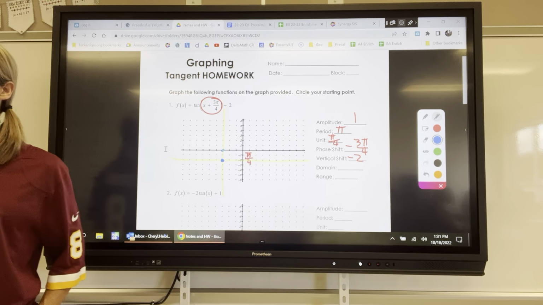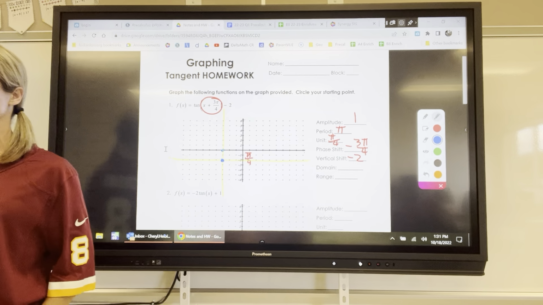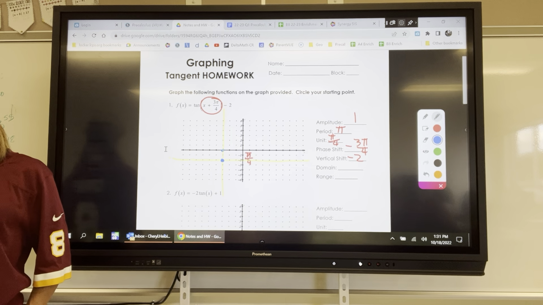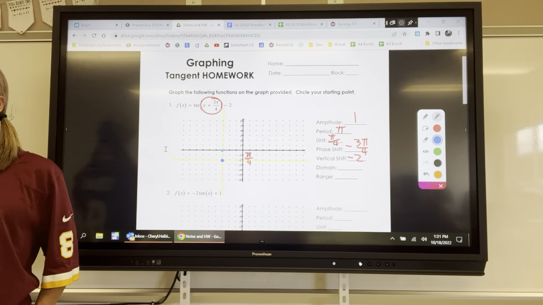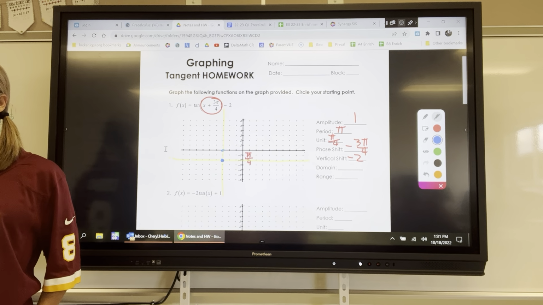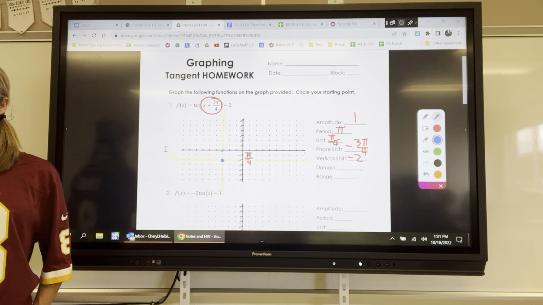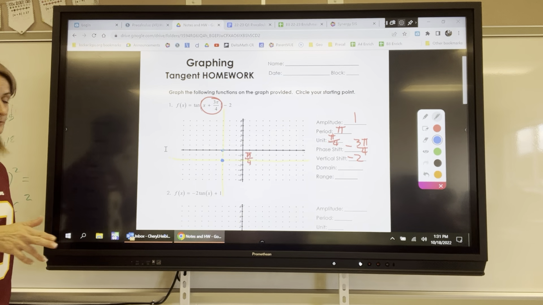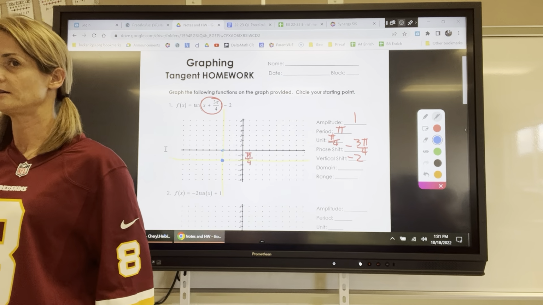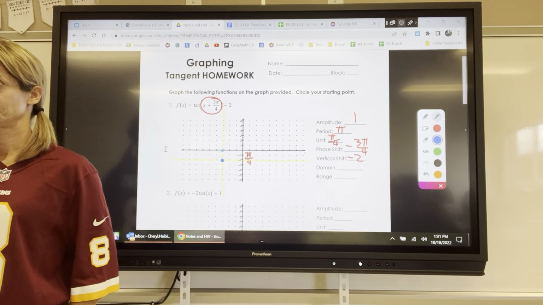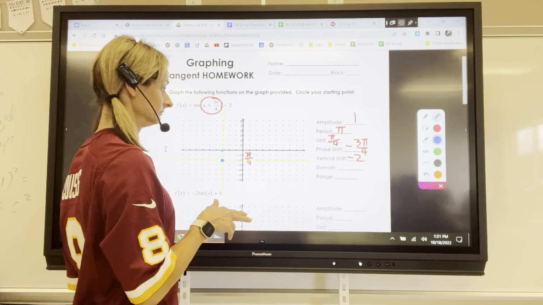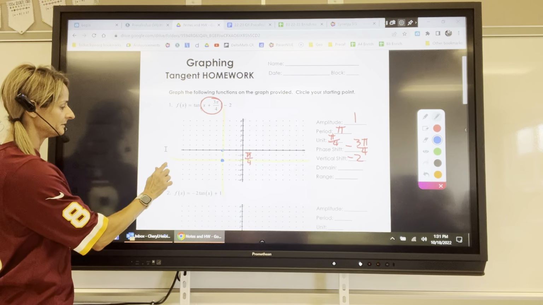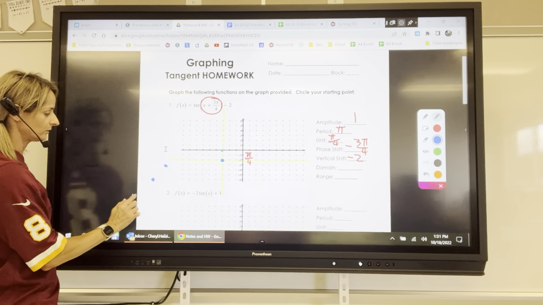Now, we are going to graph the parent function of tangent from that new starting point. Tangent of 0 is 0. Tangent of pi over 4 from the unit circle. Do you remember this from the video that we watched last night? So we've got 0, 0, 1, 1, -1, -1.